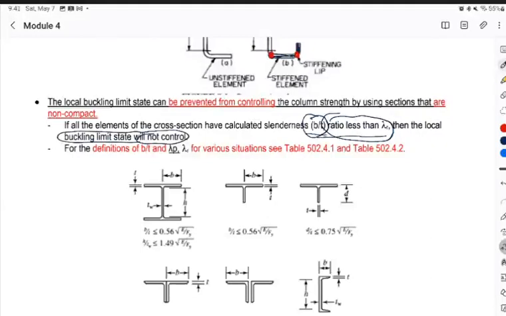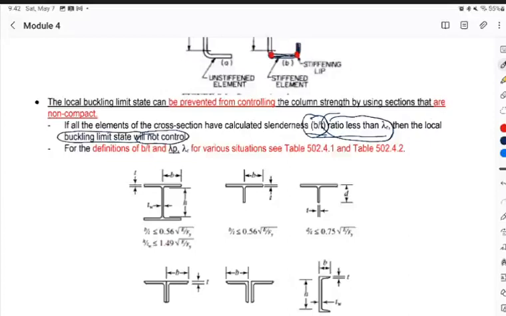If all the elements of the section have calculated slenderness ratio less than lambda r, then the local buckling limit state will not control.